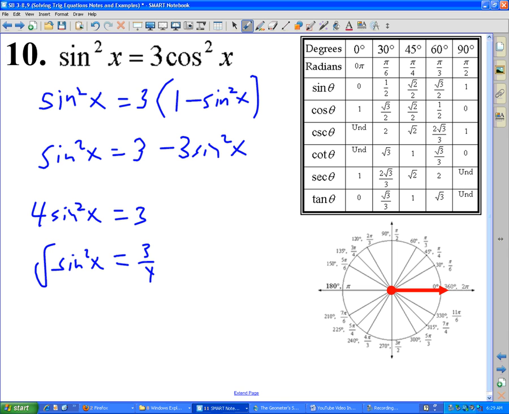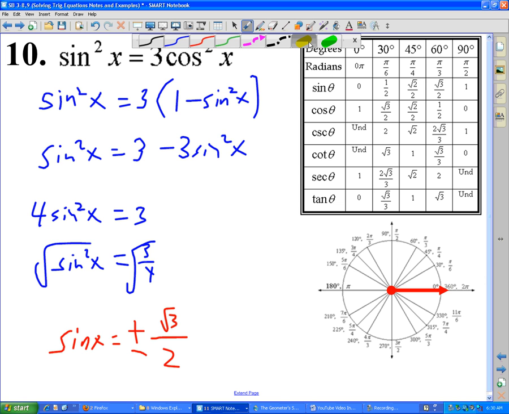And then finally we'll take the square root, and we will end up with the sine of x is equal to plus or minus, positive or negative, root 3 over, now the square root of 4 is just 2, right? So where is sine equal to root 3 over 2? Here's sine. Here's root 3 over 2. Oh, 60 degree reference angles. Cool.